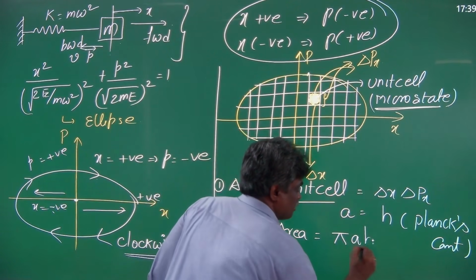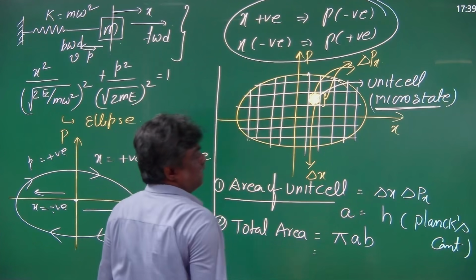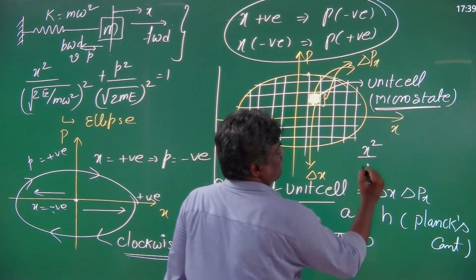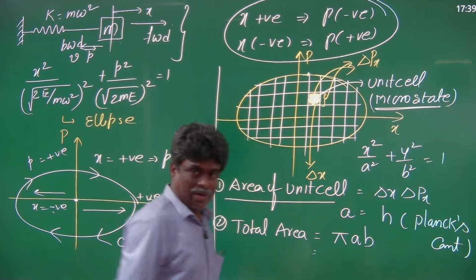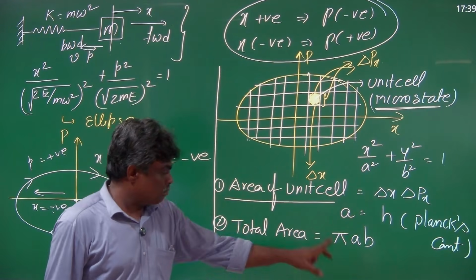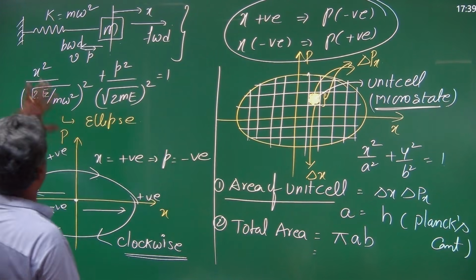Pi AB. Because this is the ellipse, x square by a square plus y square by b square equal to 1. Then what is the area of the ellipse? Pi AB.